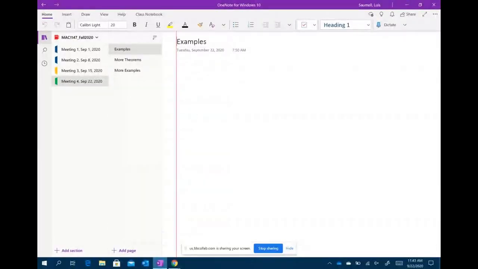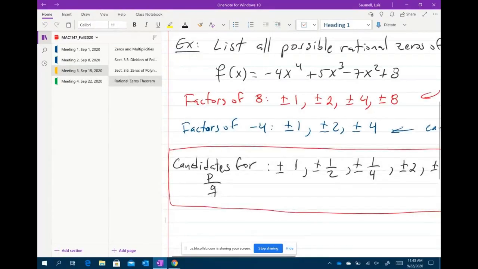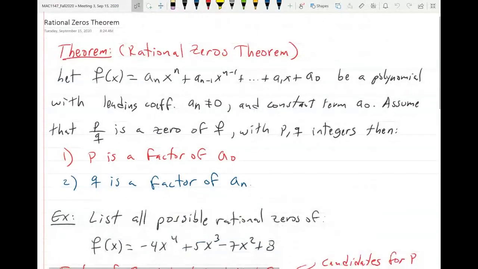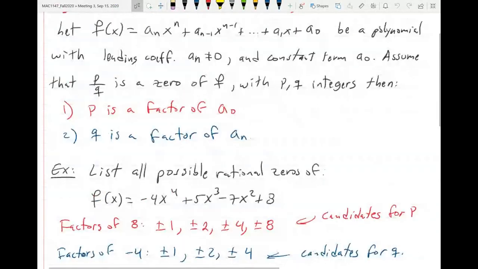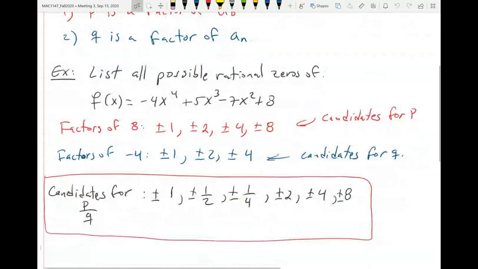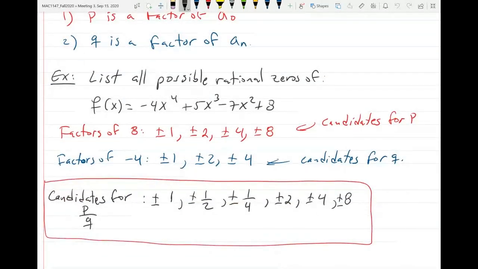Okay, so let's see. The last thing that we did last time was we wrote down the statement of the Rational Zeros Theorem. That basically says that if you have a polynomial and it's going to have a rational zero, then that rational zero is a fraction, and the top is going to be a factor of the constant term, and the denominator is going to be a factor of the leading term.